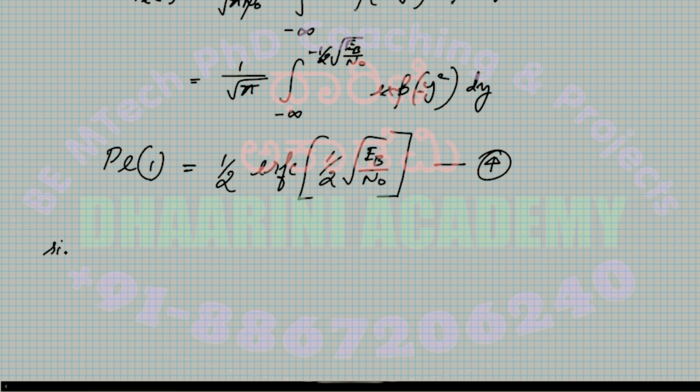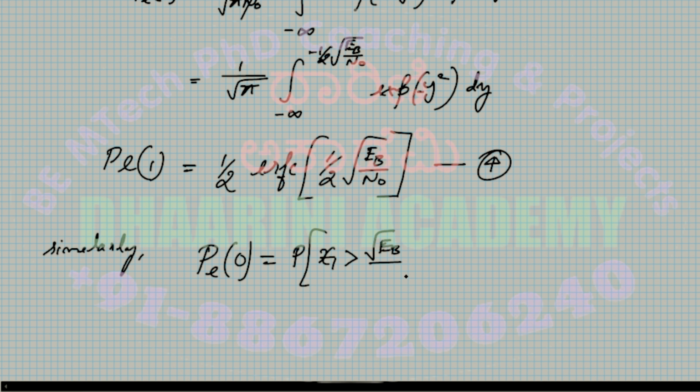So I can write, therefore, similarly, I'll not write what it is because we are very familiar. PE of 0 is nothing but the probability that x1 becomes greater than root of Eb by 2, under the condition that 0 was transmitted.